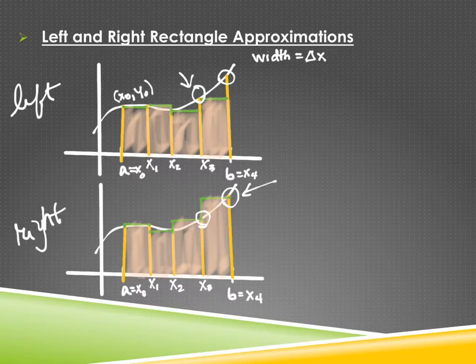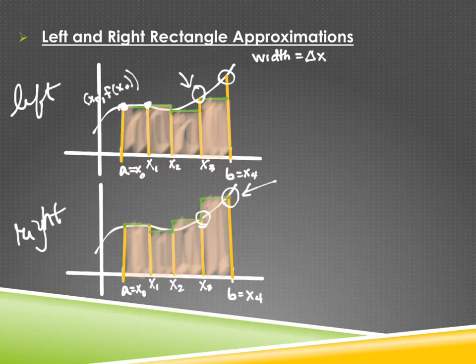Okay? Now, we don't usually use y0. We usually use the function notation. So the notation that we're actually going to use is f of x0. That's this corner point right here. And that's the height of the first rectangle. Now, the second rectangle height, though, is similar, yeah? It's this point.